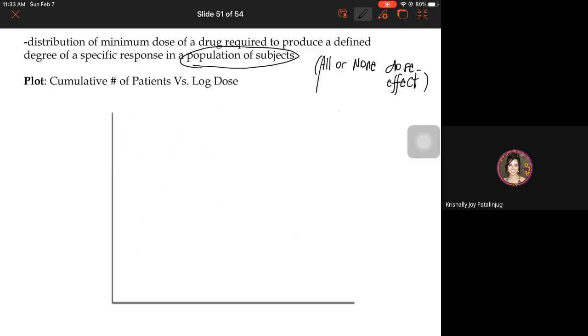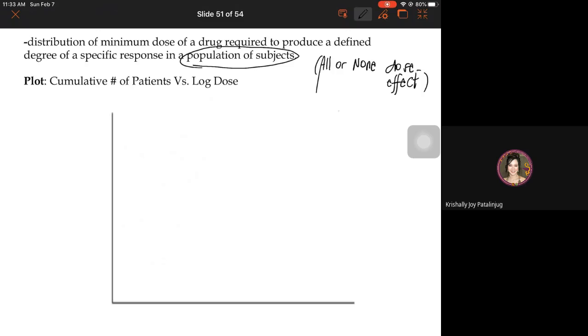Now this time we are not concerned with how much extent or how much degree is the reduction of blood pressure achieved by a calcium channel blocker, for example. We do not focus on the degree of reduction of blood pressure for the drug amlodipine.